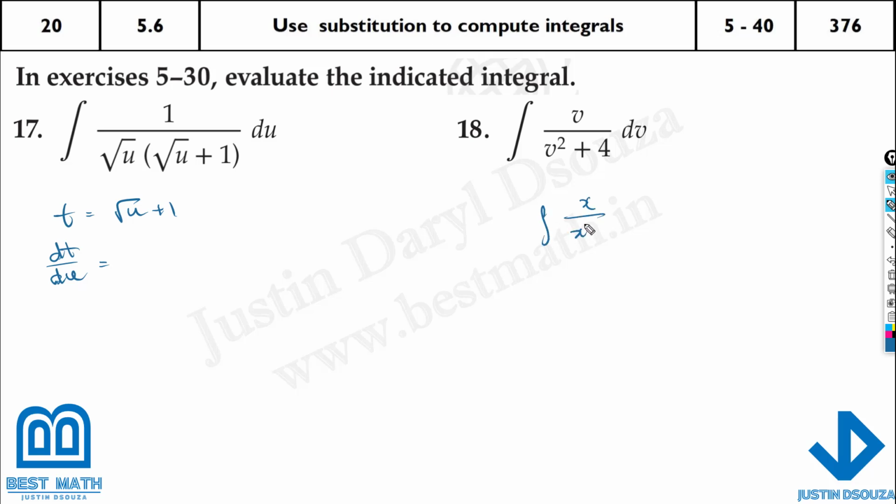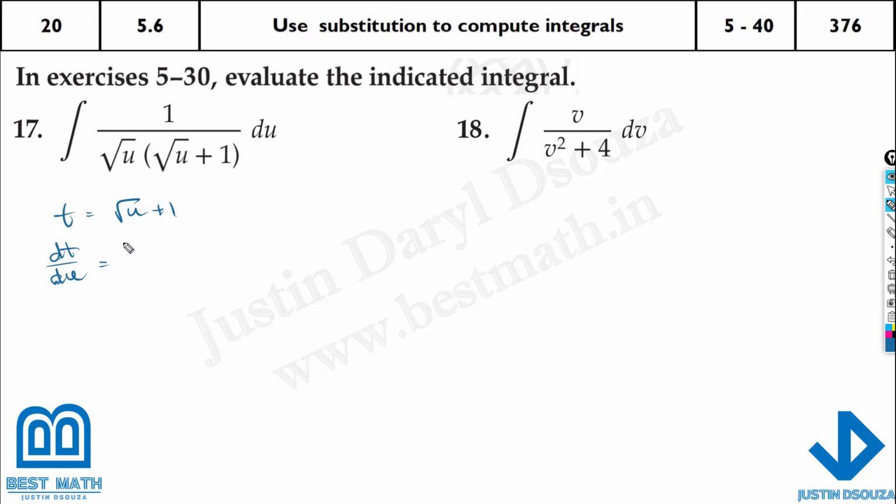It's a very silly thing to do, but especially in u substitution, I like it as u and x. You can do the same thing: instead of u, you can assume x and then solve it. That'll also be fine. It'll be absolutely correct, no problem at all. But finally, substitute back into whatever variable was there.